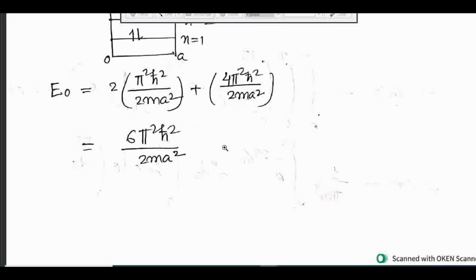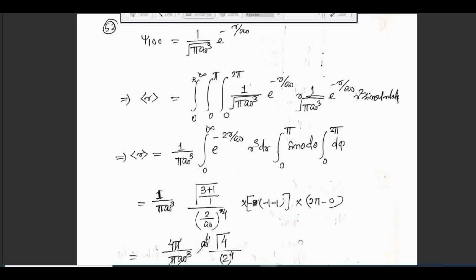If you see the solution, this is the solution. For the ground state in the hydrogen atom, psi 100 is the ground state, so it is 1 by this.